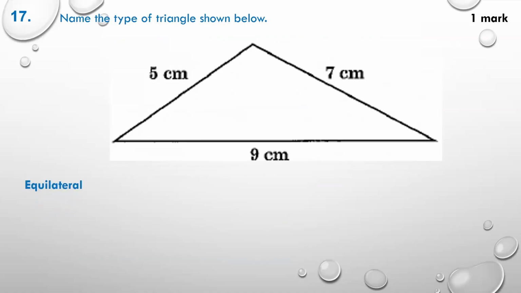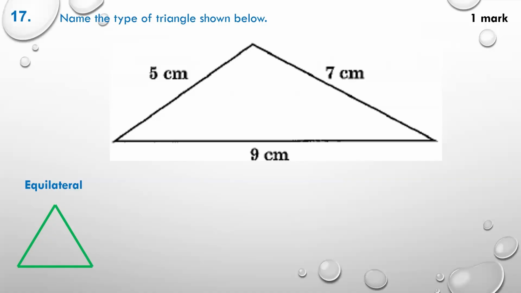Lateral means sides, and equi means same. So it means that all the sides of the triangle are the same. So if we have 1, 2, 3 sides, all 3 sides are the same. Is that triangle above an equilateral triangle? 1 is 5, 1 is 7, 1 is 9. No, they're not, because they are not all the same.